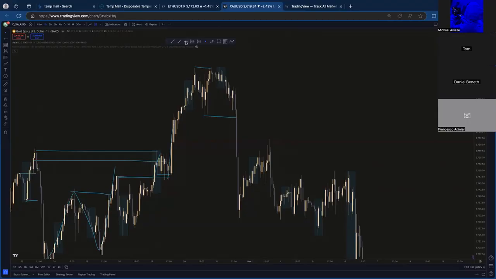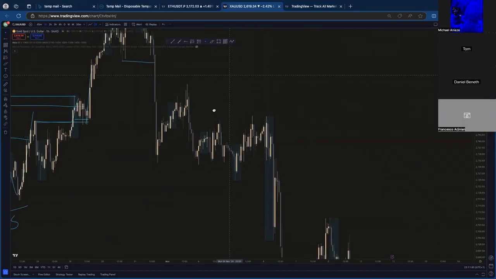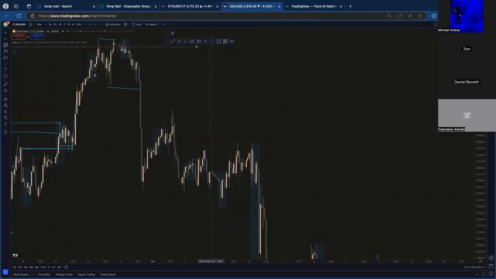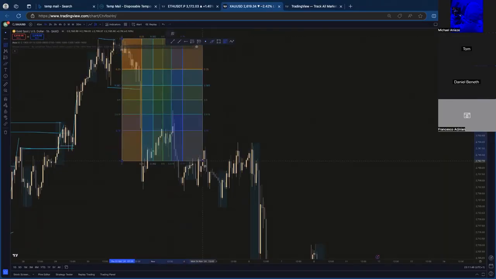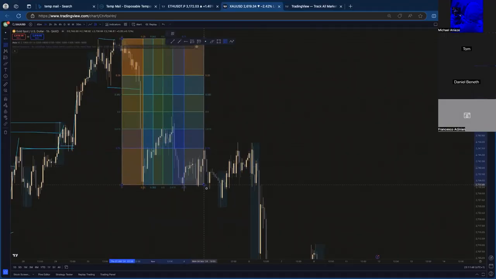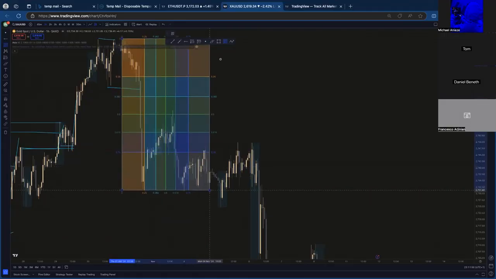If price creates this failure swing and then drops hard, this was exactly what we talked about. Price could just fill 50% of the range or 50% of the imbalance. In this case, 50% of the range, right?